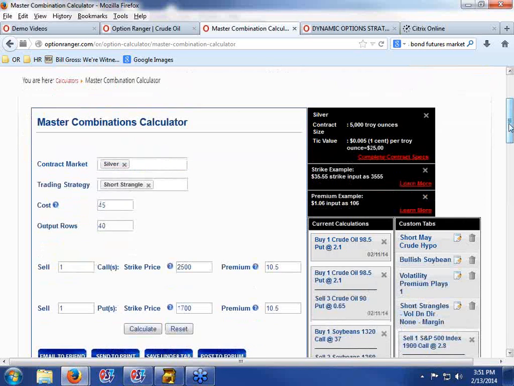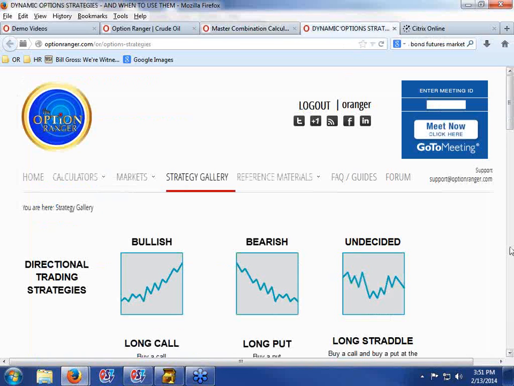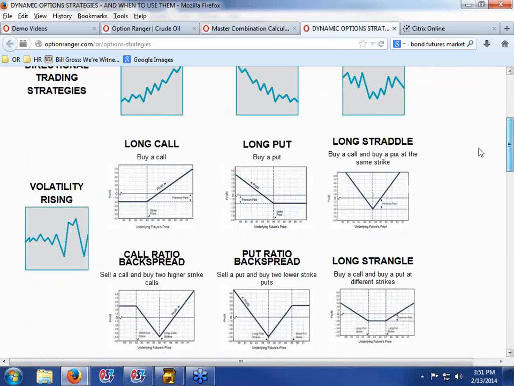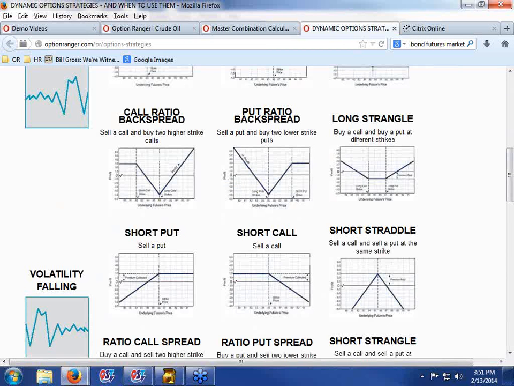What we're talking about here is an iron condor, and the strategy actually appears, believe it or not, in our dynamic option strategy section, because this is really a scenario for falling volatility. Here it is, as you can see.